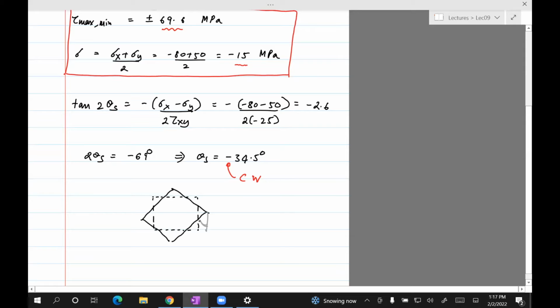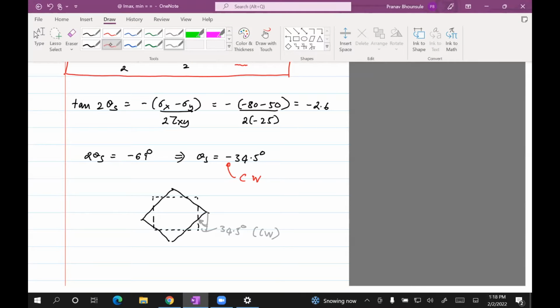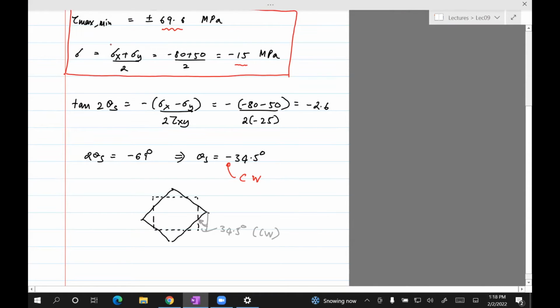This is 34.5 degrees, which is clearly clockwise. And then you can fill in the stresses by doing that. So for example, you see that's minus 15. So the stress would be like so.